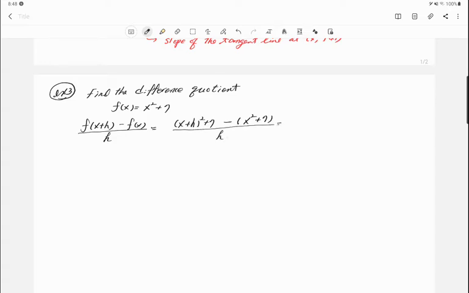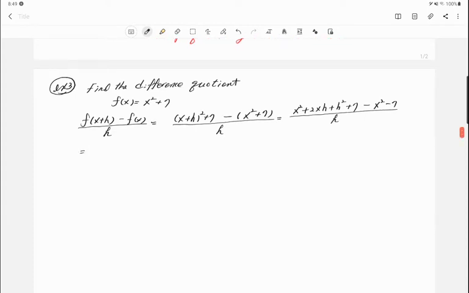And then we got to simplify the numerator. The square is x squared plus 2ab, so 2 times x times h plus h squared, and then plus 7. Then distribute the negative sign, so negative x squared minus 7, over h. Okay, we will keep simplifying the numerator.